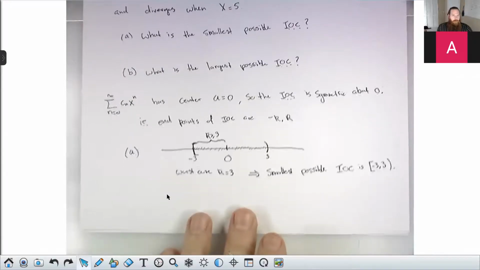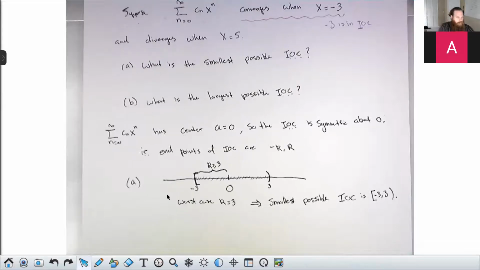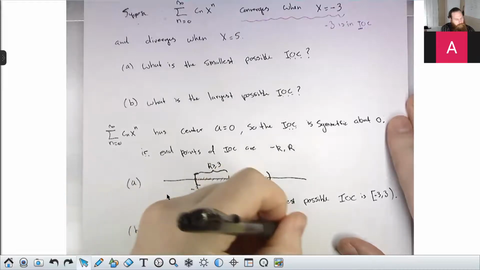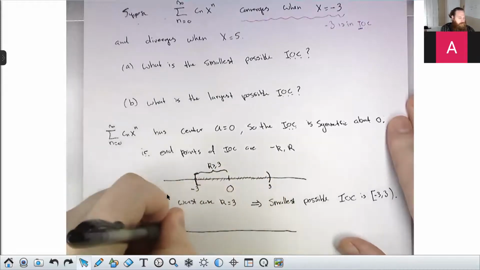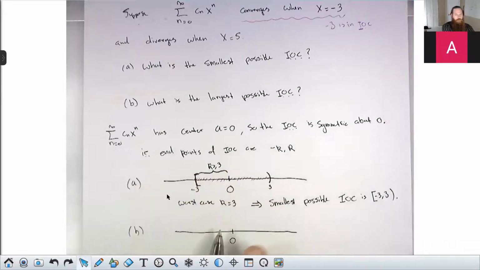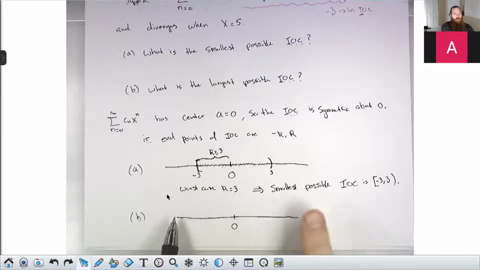All right, so that's our worst possible case, smallest possible IOC. What's the best possible case? What if I wanted to start here and expand outward? How far can I expand outward until I get to something I know is not in the interval of convergence?